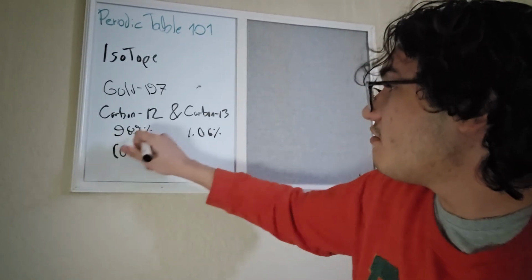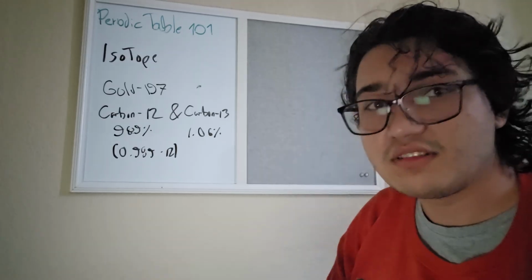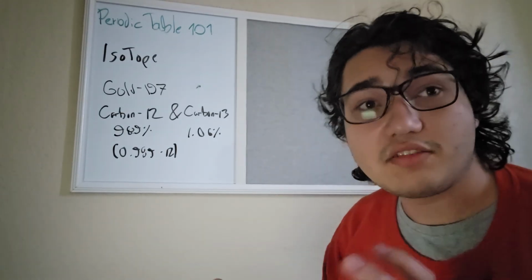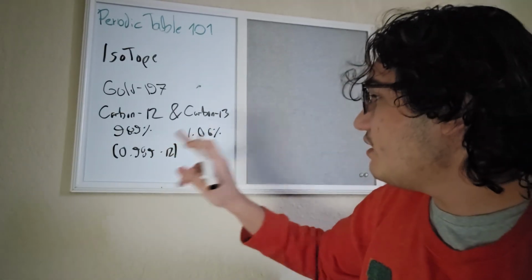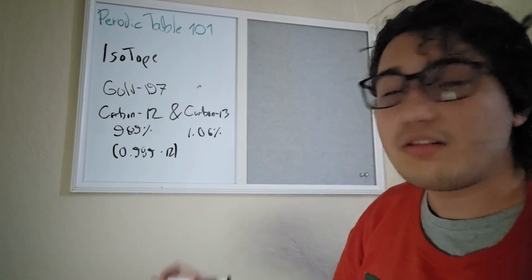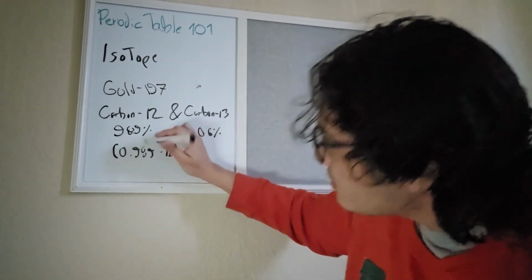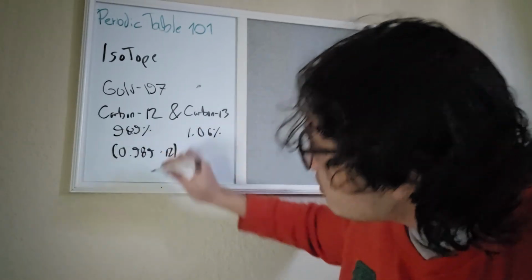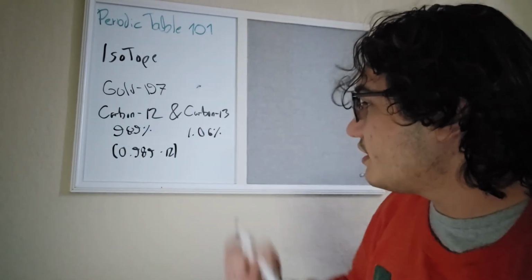This is just how we simplify them to make them easier to understand. When writing them out for mathematics, we divide this by 100, or if we want to simplify, we multiply by 100. So yeah, that's 0.989 times 12.